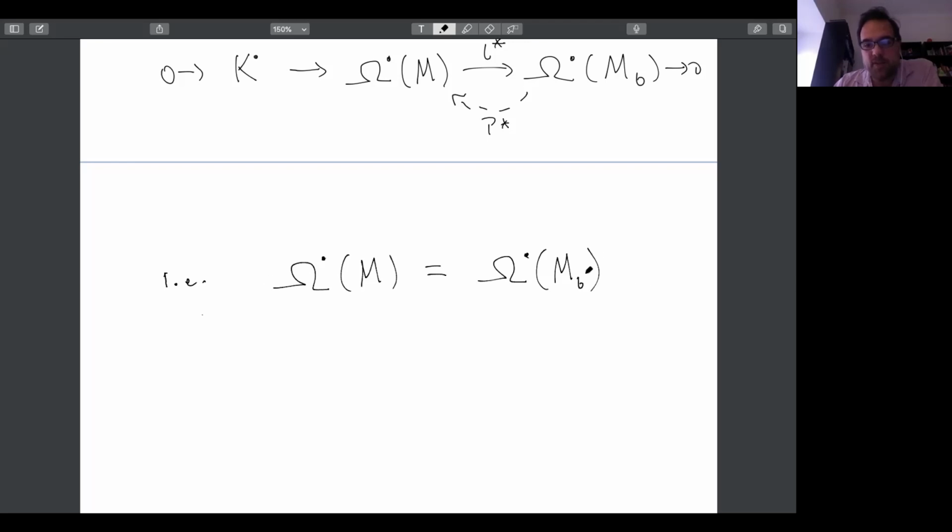The de Rham complex of the full thing as a direct sum of the de Rham complex on the body plus this kernel. And moreover, K is acyclic.